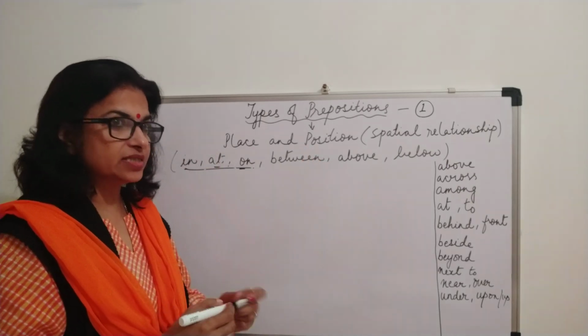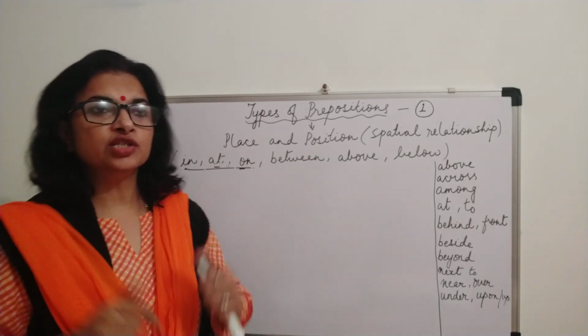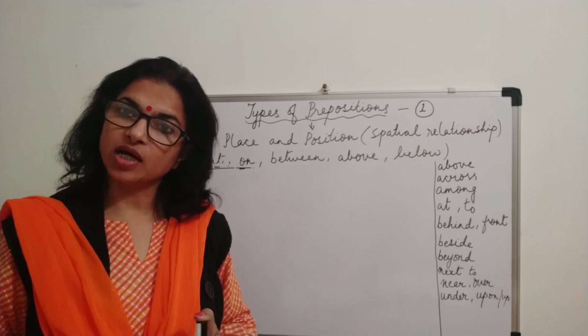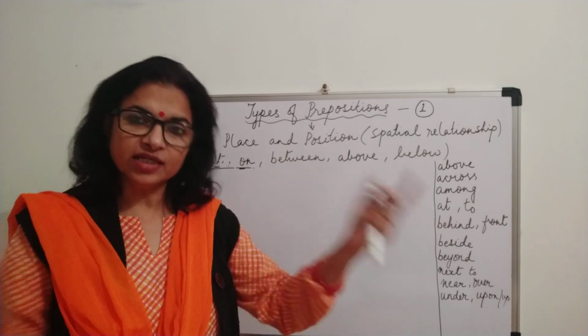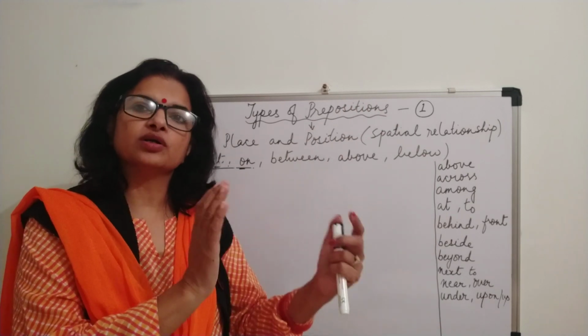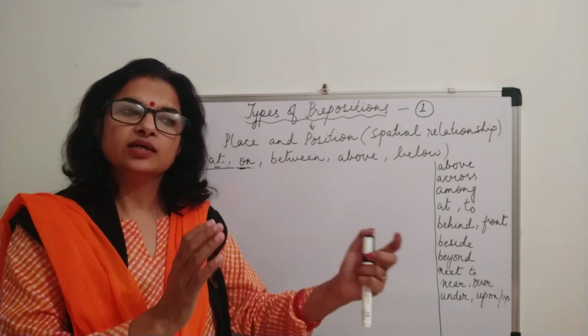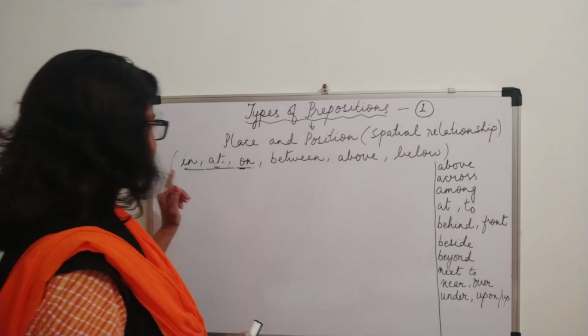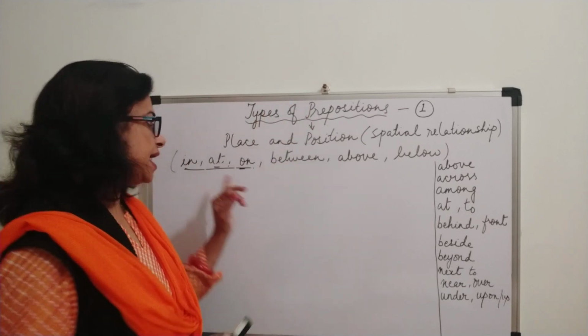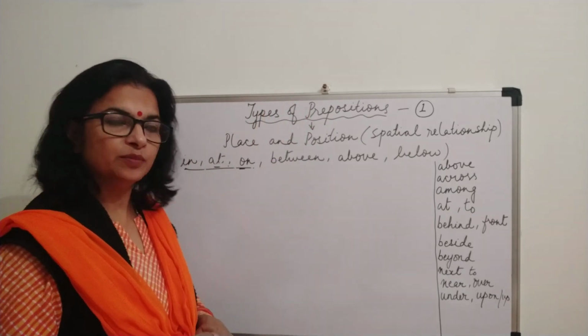For example, if I say I live in Jodhpur at Pauta. So Jodhpur is a big city, and in Jodhpur there is a place, or a street you can say, that is Pauta. So at Pauta. So in we use for the bigger place, and at we use for a smaller place.